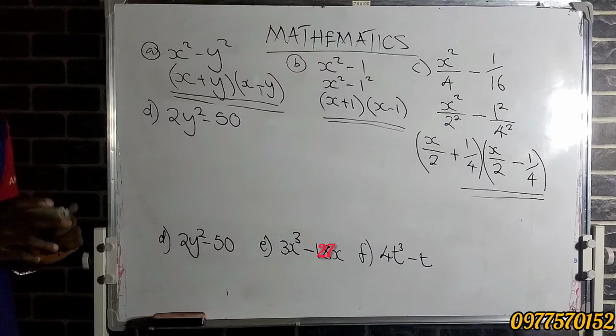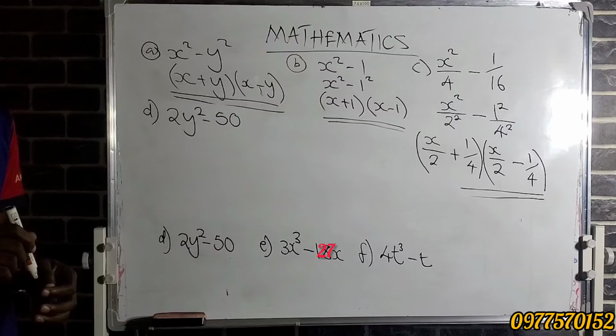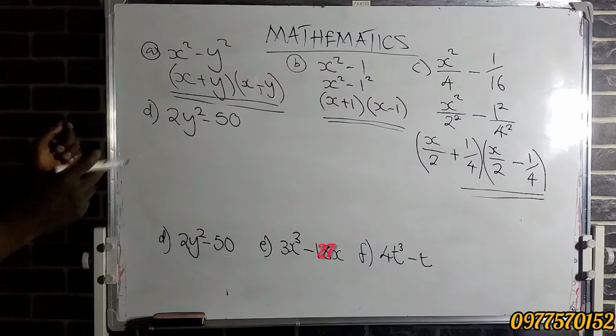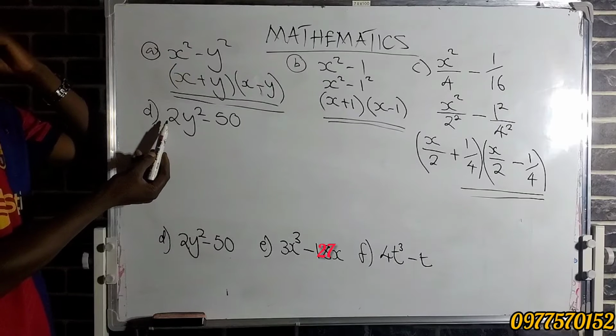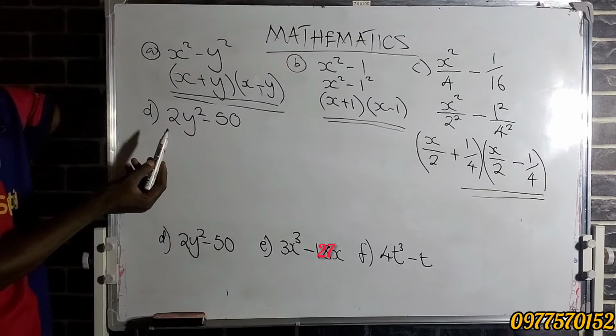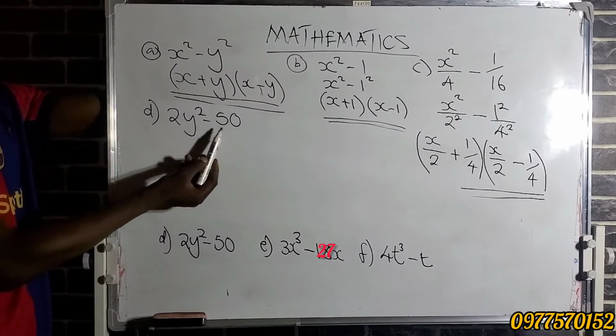Now, is it a difference of 2 squares? No. You can't make it a difference of 2 squares directly, like that one, right? Because 2 is the square of what number? It's a decimal, not a perfect square of any number. Even 50, right?